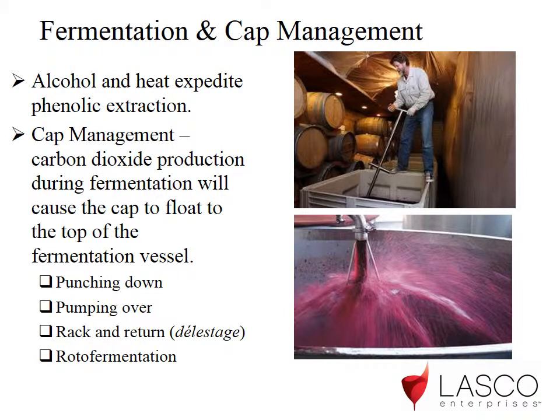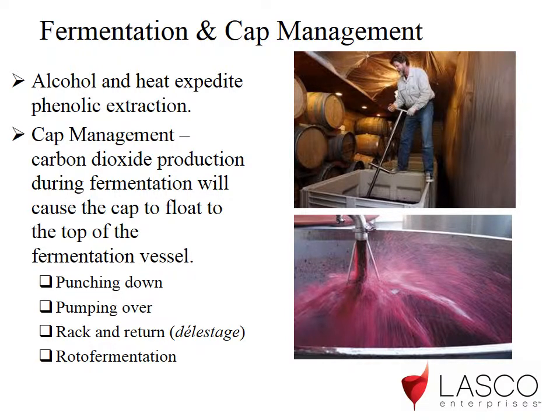Concerns of aeration and oxidation can arise with this type of cap management. Rack and return, also known as délestage, is when the juice is strained into separate holding tanks and then returned to the original tank by pouring it over the sunken cap. This is considered by many winemakers to be the gentlest of the cap management options.